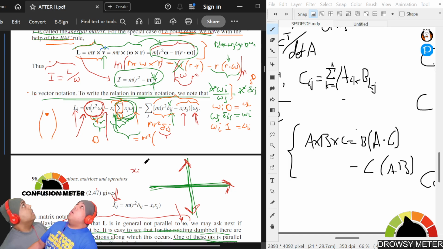x_i, summation over j of x_j omega_j. They're saying this is equal to x_i x_j omega_j.